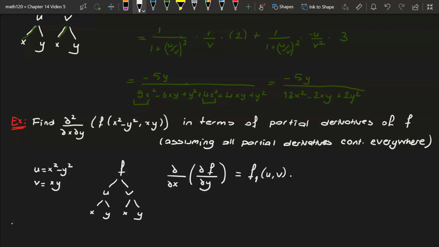The derivative with respect to x is 2x, plus the derivative of f with respect to v, the derivative with respect to the second component, times the derivative of v with respect to x, which is y. Okay, here, I'm sorry, I made a mistake. This is del f over del y. Now we can take the derivative of del f over del y with respect to x.